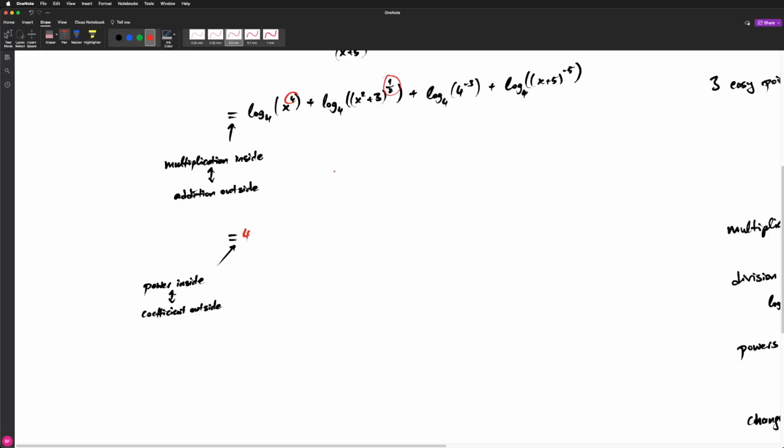That 1 over 2, I can bring it to the front. That's negative 3, I can bring it to the front. I have to be a little careful. It's a negative number. Same here. I'll bring it to the front. And then I'll just write what's left inside the logarithm.